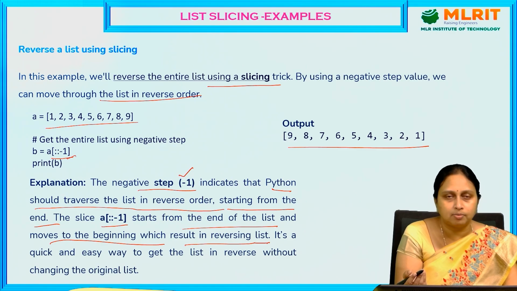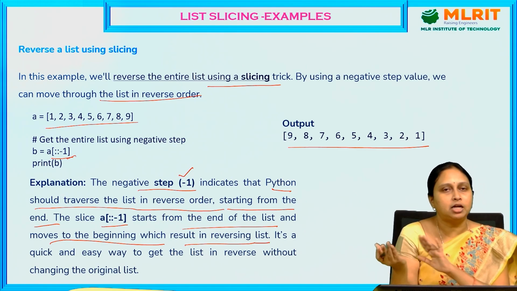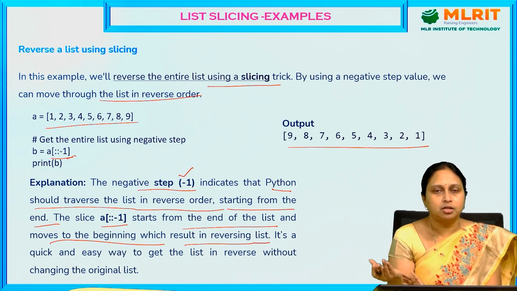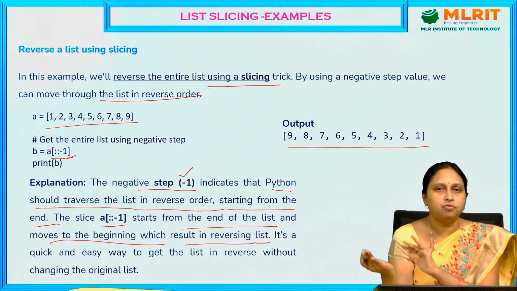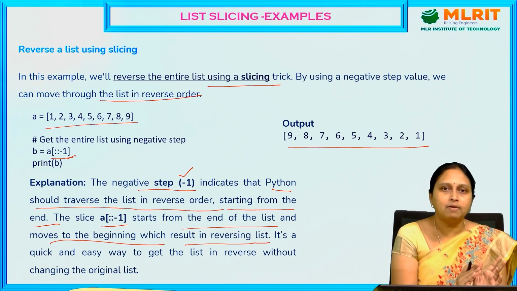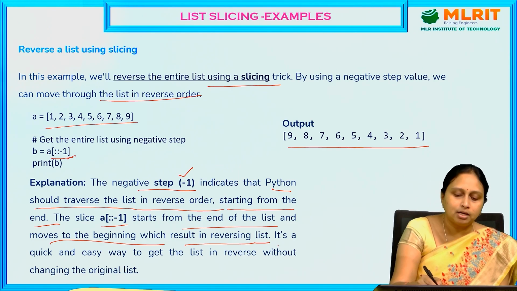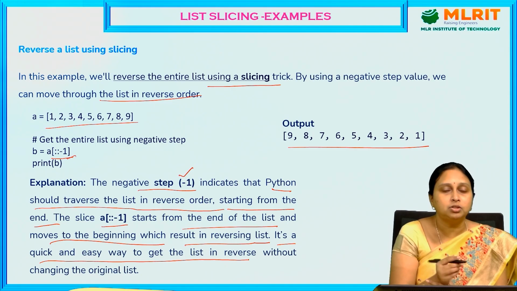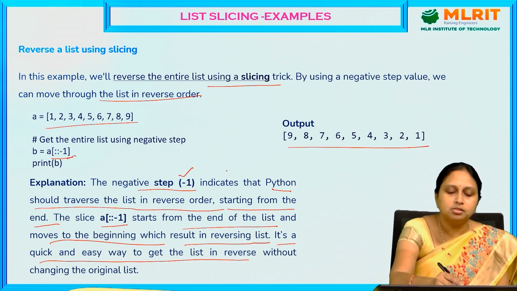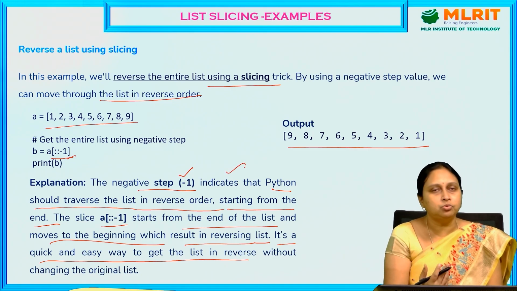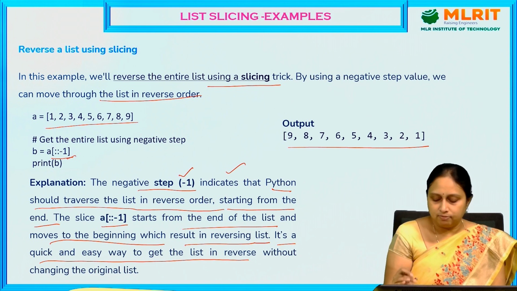It starts from the last element in the list and prints the elements in the reverse order. It is a quick and easy way to get the list in reverse order without changing the original list. This is an easy procedure where you can print your list in the reverse order.